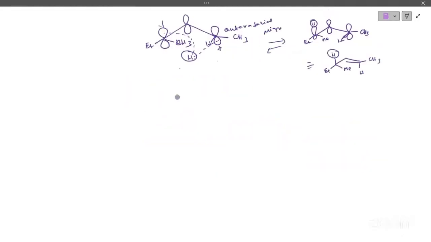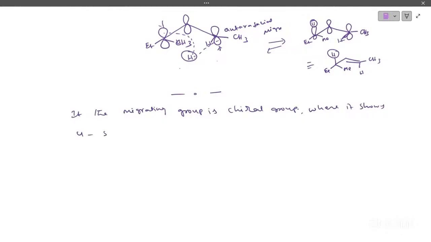Right. Now the extension to the stereochemistry of the sigmatropic reaction. Suppose the migrating group is a chiral group, where it shows four stereochemical modes.